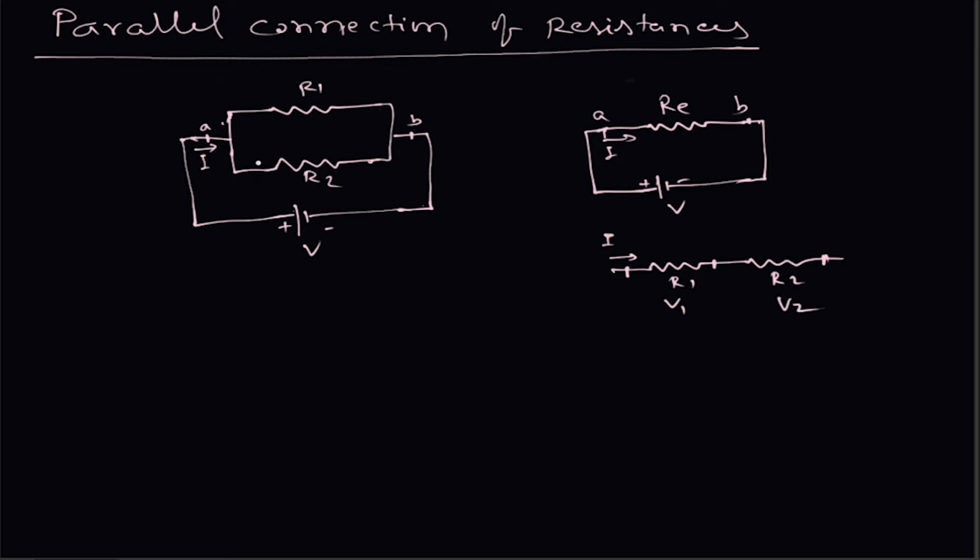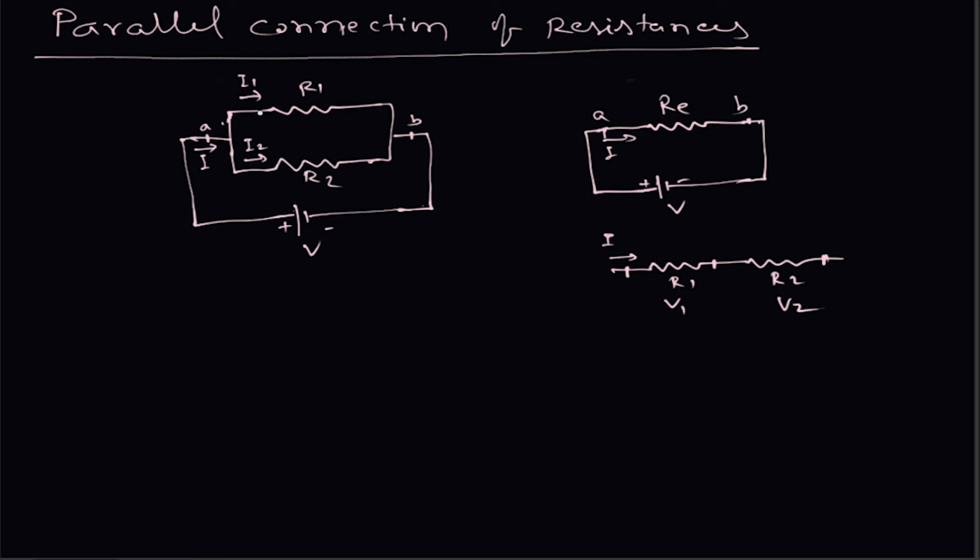But in this case, the currents flowing through the resistances are different. That means if it is I1 here, then this current is I2, and the voltage across the resistances is the same, that is V. The V voltage applied will appear across R1 and R2 both.